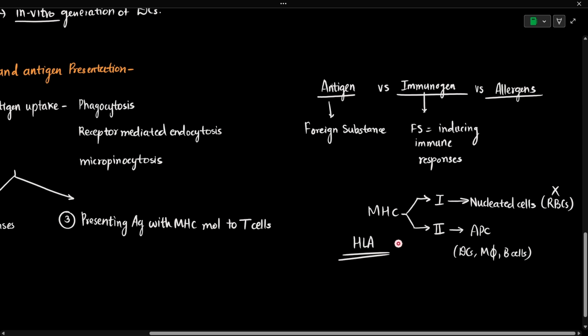That is why we do the HLA typing with these MHC molecules. They are also referred to as HLA, human leukocyte antigen. HLA typing means the matching of the HLA types. It is very important in tissue grafting and in any transplantation surgeries.